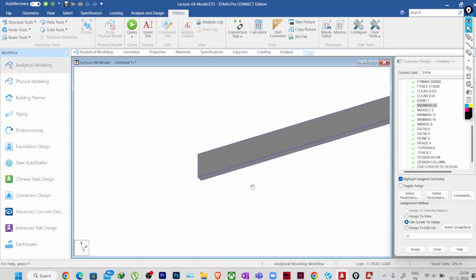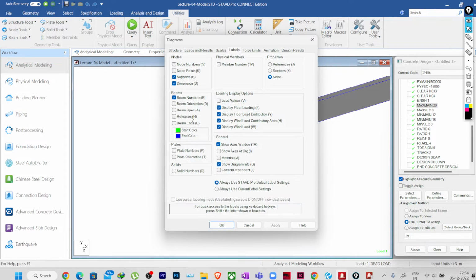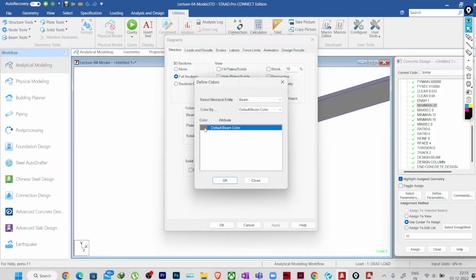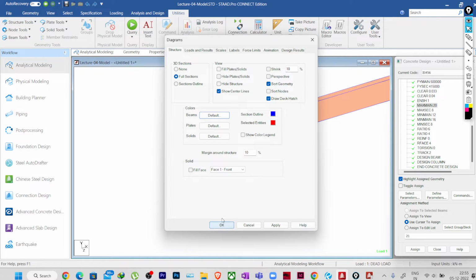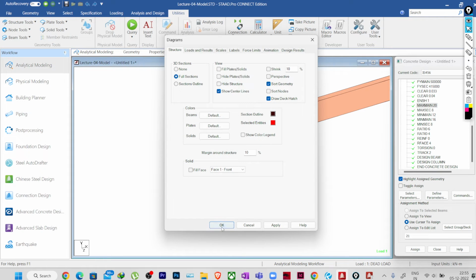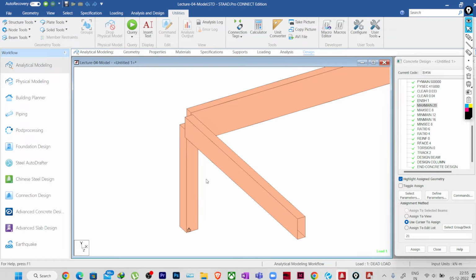So this is the column number 21, and let me change the colors so that the beams, maybe I'll change to some light color. Okay, so now this is clearly visible. You can see the beams and columns.